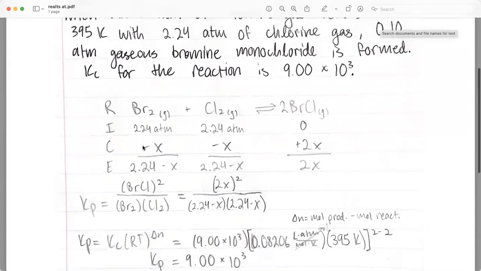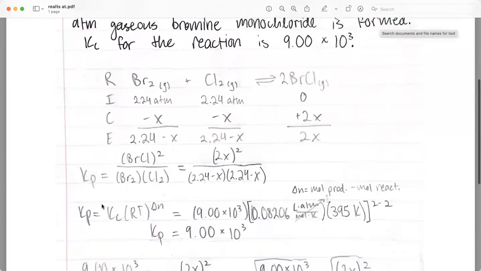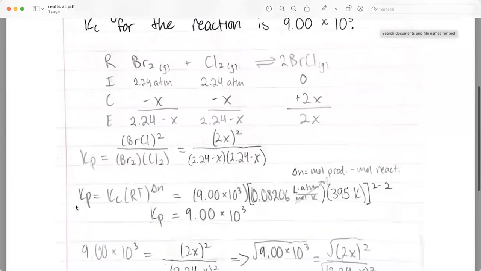And since we are given Kc and the temperature, we can use these to find what Kp is by using this equation. Kc times RT raised to the power of delta n. So then we can plug in what we have. So Kc right here, and then we're using 0.08206 for R since we're dealing with pressures and gases.